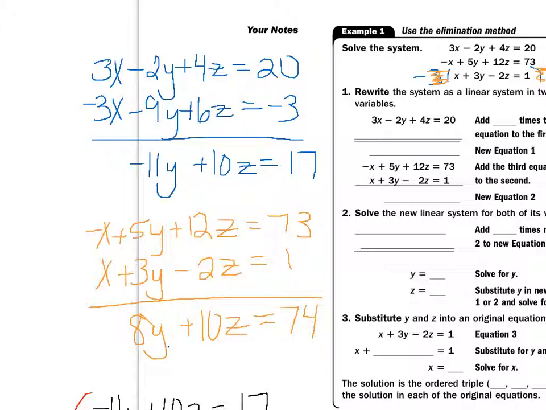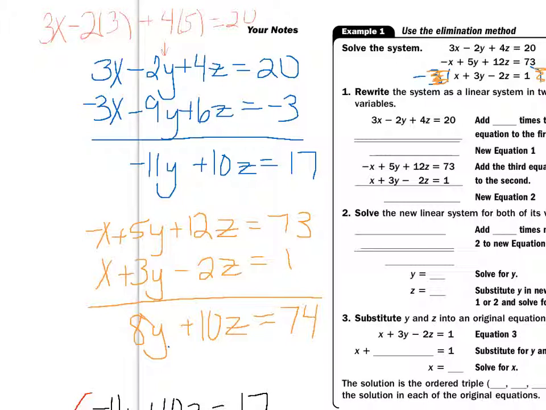So I am looking for x. I know that y was 3, so I'm going to substitute 3 in for this y. And I know that z is 5, and that equaled 20.